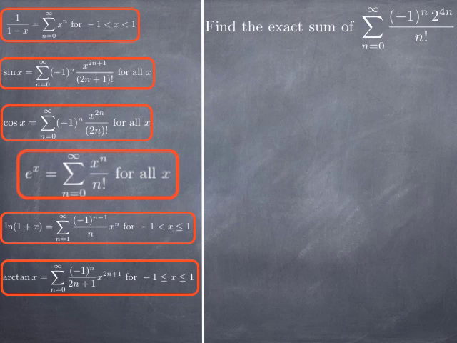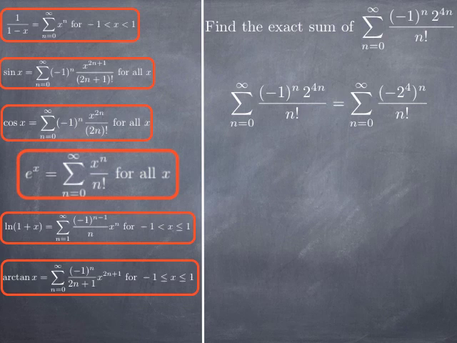So we are going to rewrite our (-1)^n times 2 to the 4n as a power n of a single number, simply because 2 to the 4n is really 2 to the 4th that you raise to the power n, and then (-1)^n multiplied by (2 to the 4th)^n is really (-2 to the 4th)^n.